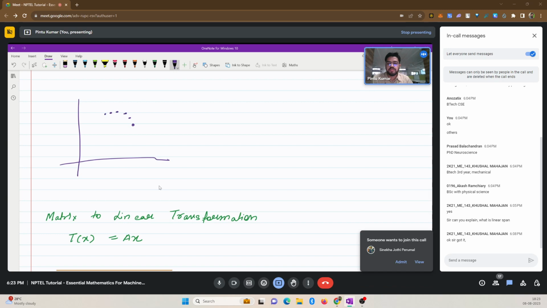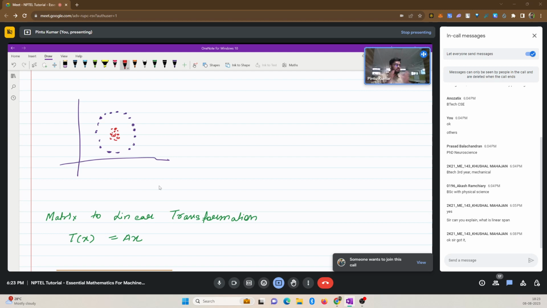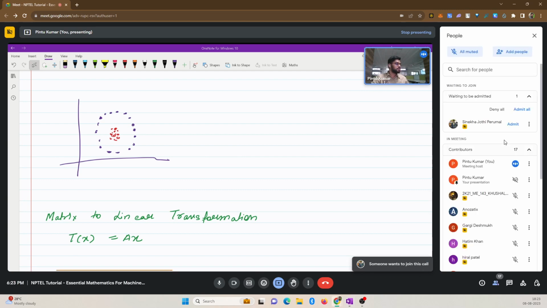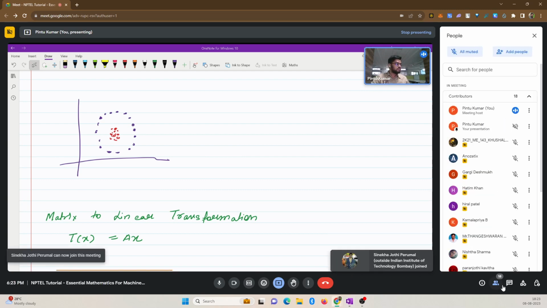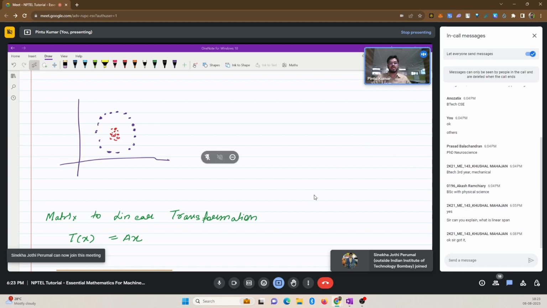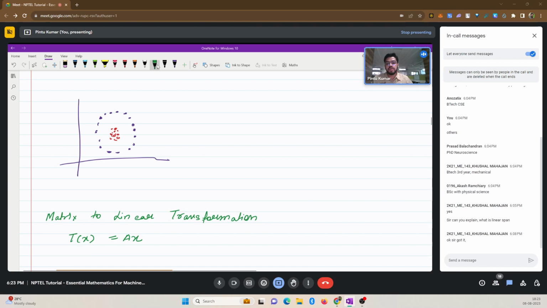Let's say you have some purple points, and you have some red points with you, and you want to find a very simple classifier using which you can separate these two types of data points. Now, if you try this in R2, no matter what you do, you won't be able to obtain a linear plane using which you can separate them, right?